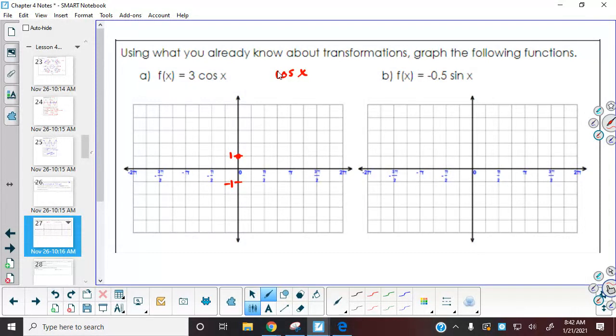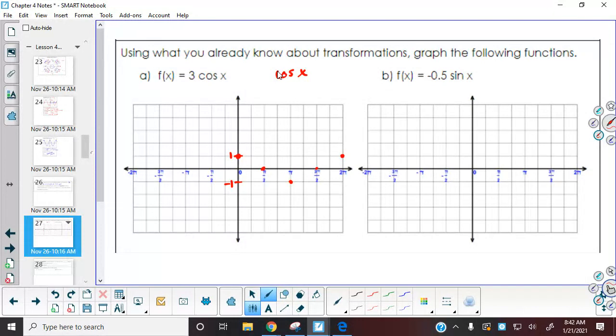And then I'm going to restart at 2 pi. Halfway in between there is the -pi. And then halfway in between this value and this value is pi over 2, which is the 0. So it's going to cross there, cross there. So that's our original points.